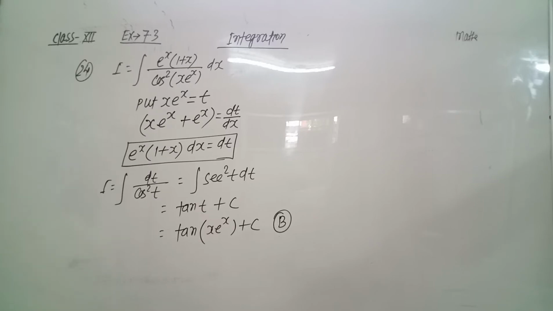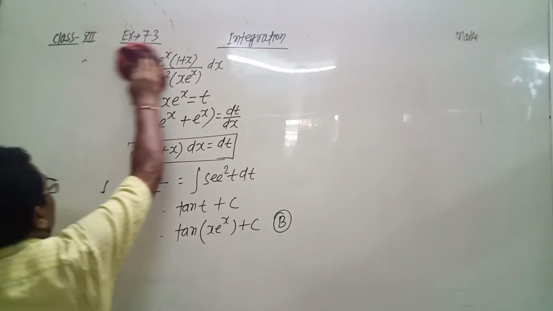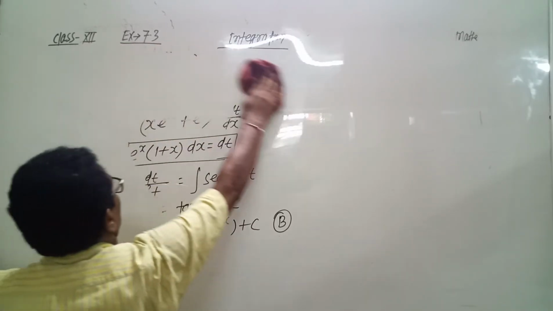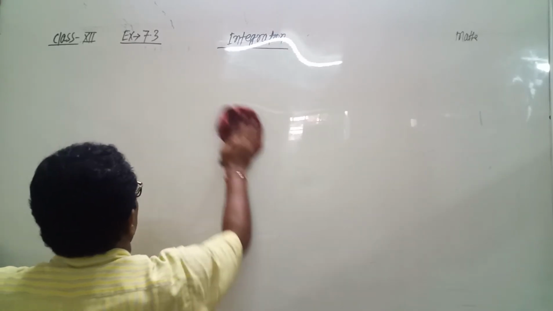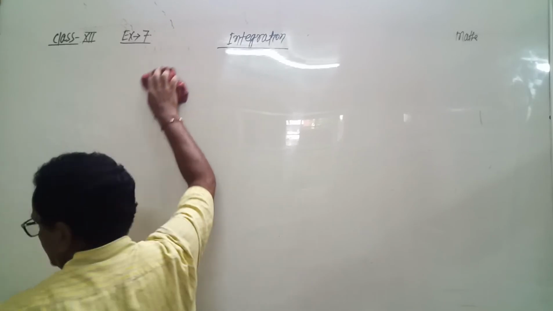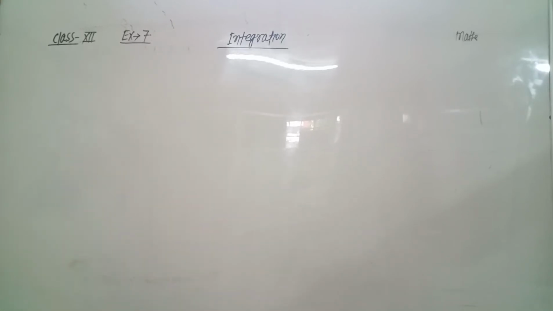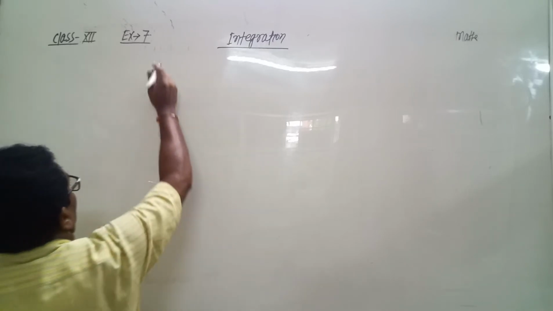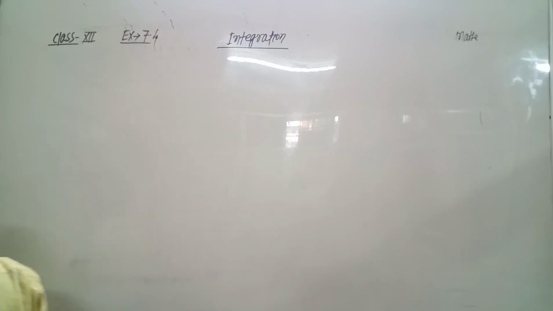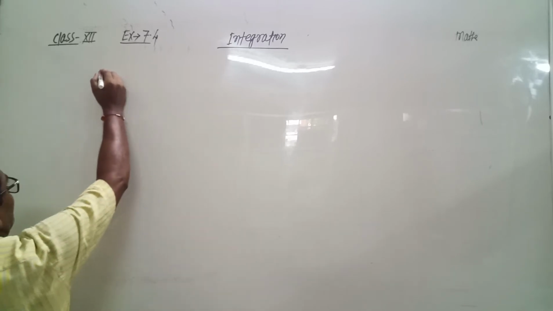Now for the next exercise, exercise 7.4, we derive a few formulas. The first formula which we derive is dx upon x square minus a square.